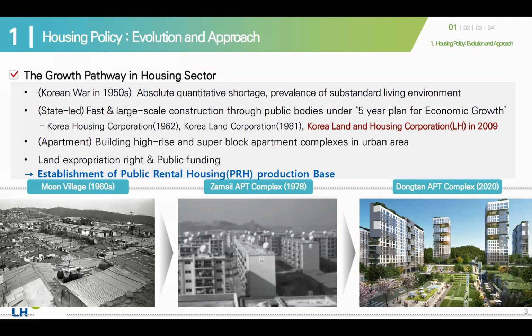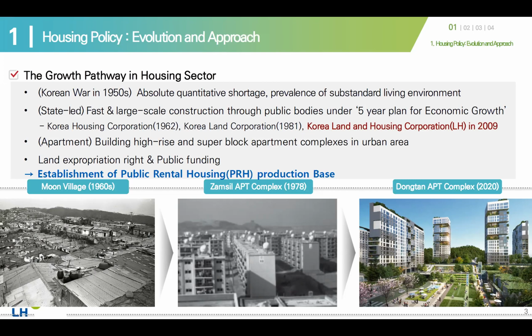Yes, I would like to talk about the growth pathway in the housing sector in South Korea, very shortly. After the Korean War in 1953, most houses and buildings were destroyed. So there was an absolute quantitative shortage of housing and prevalence of substandard living environment. In that situation, the government carried out state-led, fast and large-scale housing construction, under the 5-year plan for economic growth.